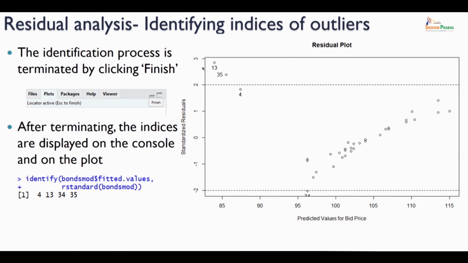So now I know the 13th point of the sample is the farthest, which is here, followed by the 35th sample, followed by the sample 4, and then I have one more sample which is here, which is the 34th sample. So after identifying these outliers, we are going to start by removing one at a time and we are going to build a new model. Now let us see how to do that.